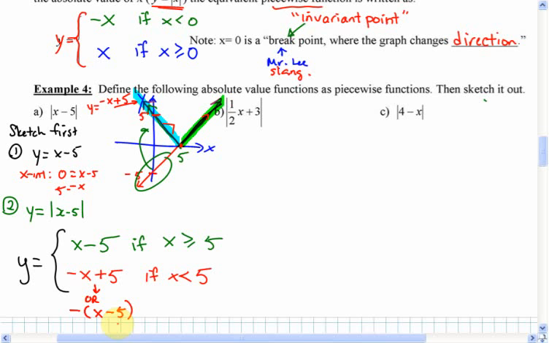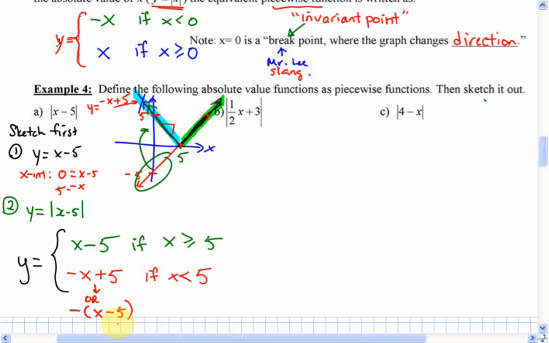So do you see actually what you've done when you do the absolute value? You just take the regular equation of x minus 5. That's one part of your piecewise function. The other part is a reflection, right? And what did I show you about reflections last time? You put a negative in front of the whole thing. So you just take that regular thing and put a negative in front, and there you have it. This is the equation of that reflected part of the line.